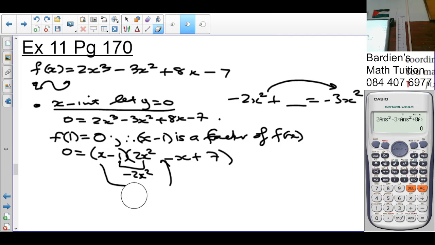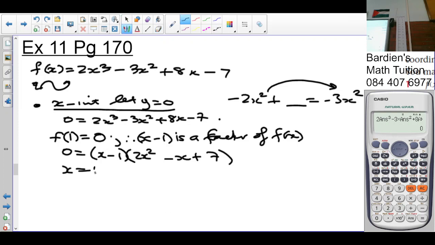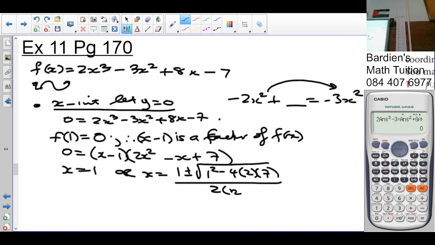So this is now a trinomial to us. Can a trinomial factorize? No. We must use the quadratic formula. So x is equal to minus b plus minus the square root of b squared minus 4ac over 2a. But what do we notice now? Under the root will also be negative.